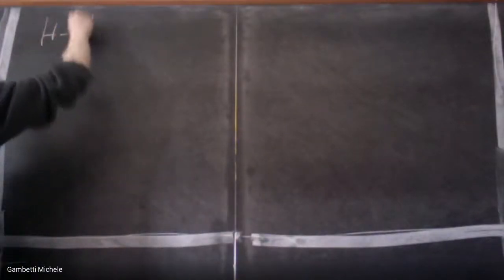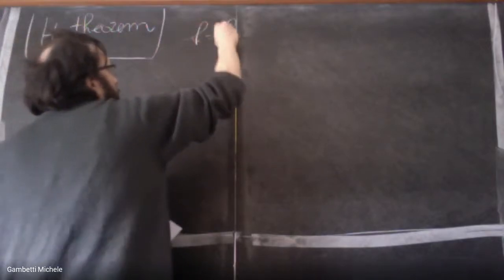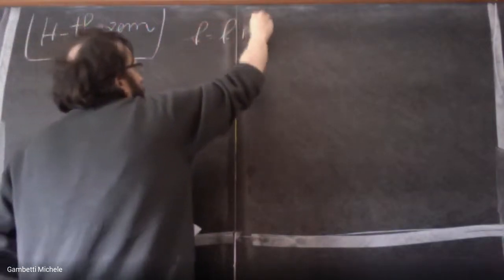Ecco, ci siamo. So the H theorem says the following thing. One starts with a quantity, which is the integral. Okay, so I'm assuming here that the distribution function f is just a function of p and t.